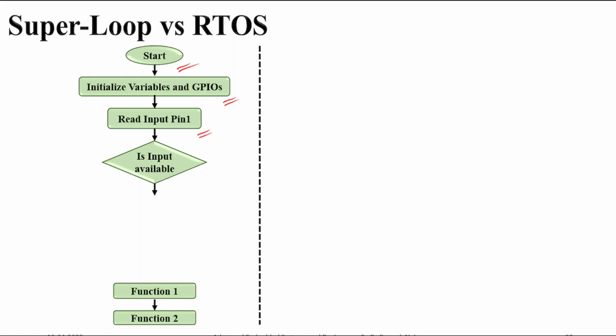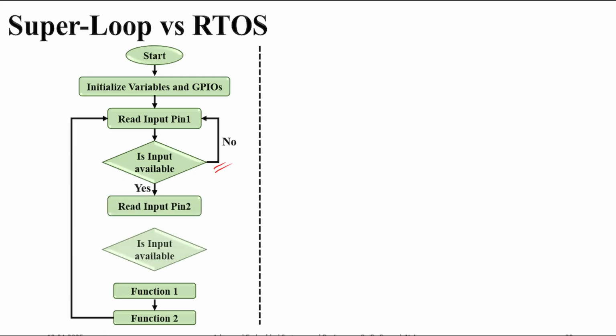Then, based on the input, we make some decision. If the decision is not met, we go back and read the data again, and so on. If the condition is met, we go down and read the second pin, and so on.